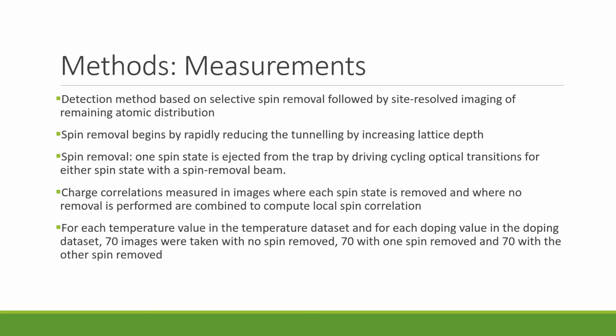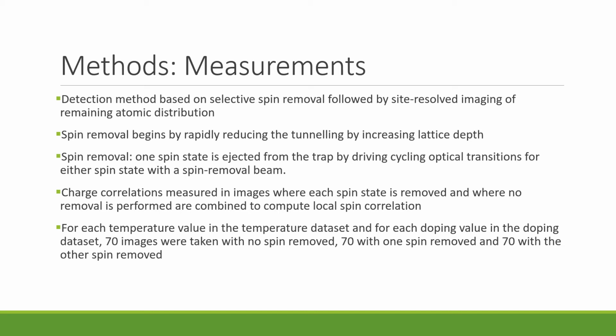One spin state or hyperfine state is ejected from the trap by driving cycling optical transitions for either hyperfine state with a beam. So we've got images from where one state is removed, where neither state is removed, and where the other state is removed. By combining all of those, you can compute the local spin correlations.